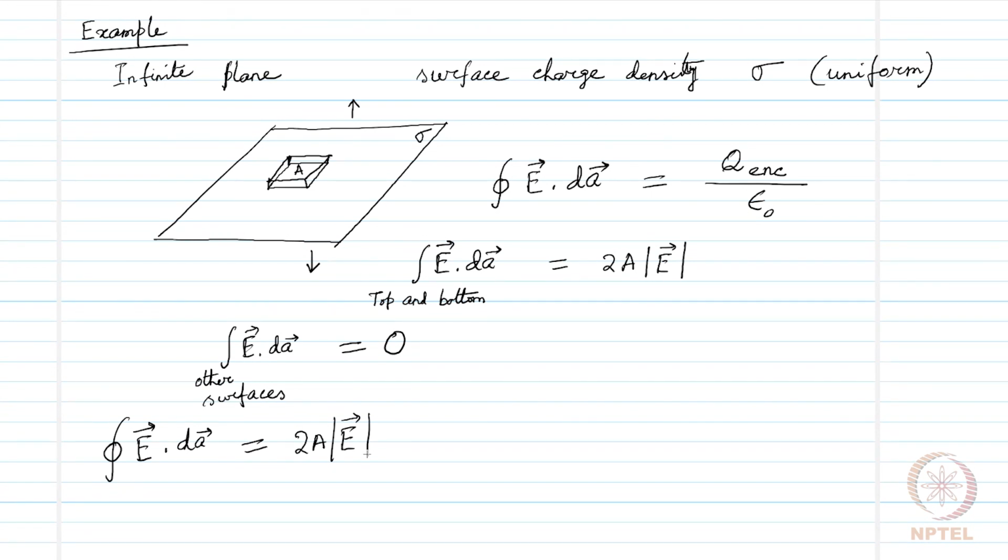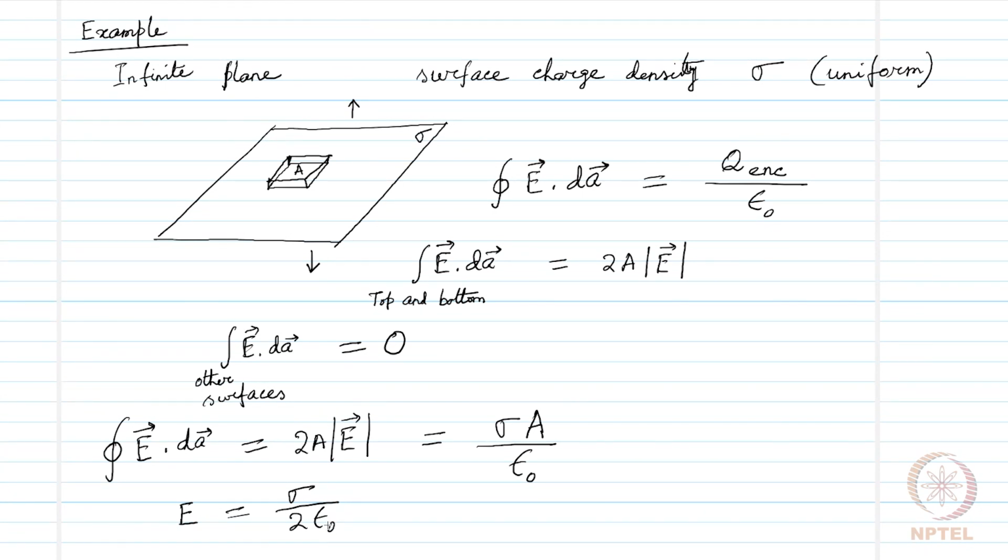And how much charge have we enclosed? The amount of charge enclosed is sigma, the uniform charge density, multiplied with the area of the surface A. And if we have that, then Gauss law will give us this, and that means we can write down the expression for the electric field as sigma over 2 epsilon naught.